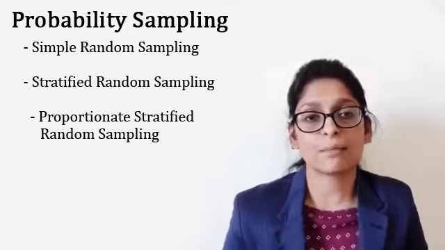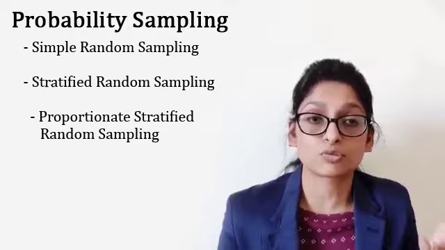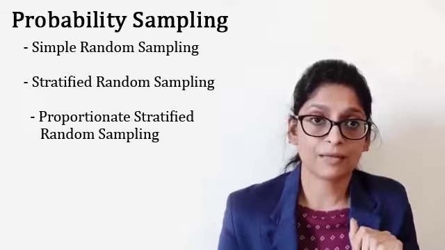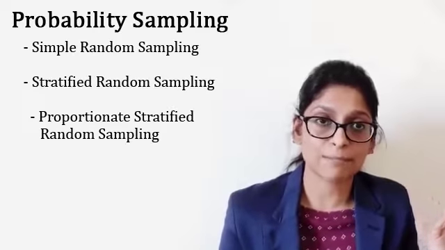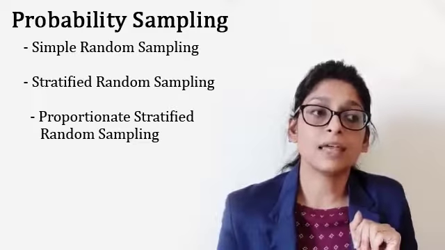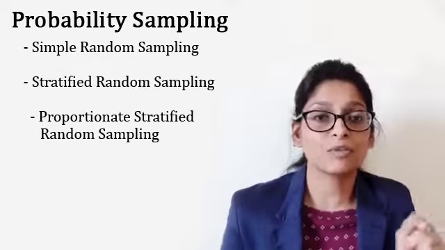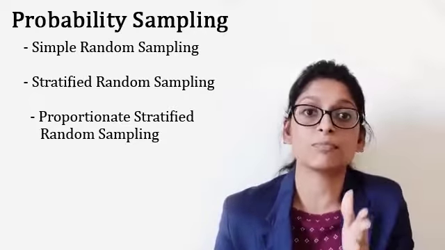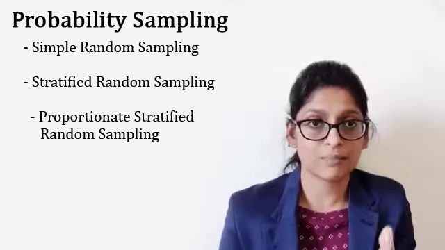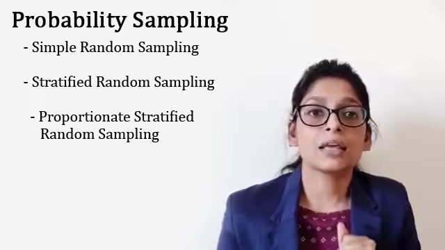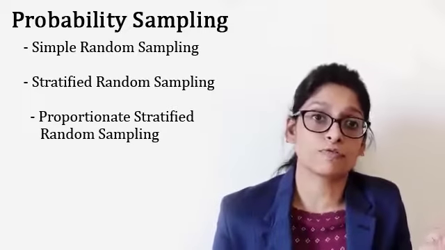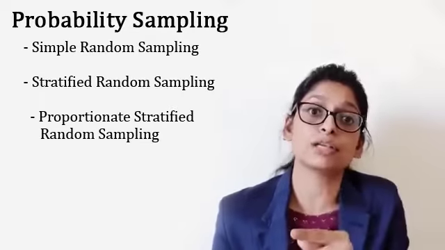Like say for example, if we are talking about the primary school students, as we have discussed in the previous example, then before we start with the sampling, we'll divide the strata, which would be boys and girls in this case, and then we'll see what is the proportion of these two strata in the population.